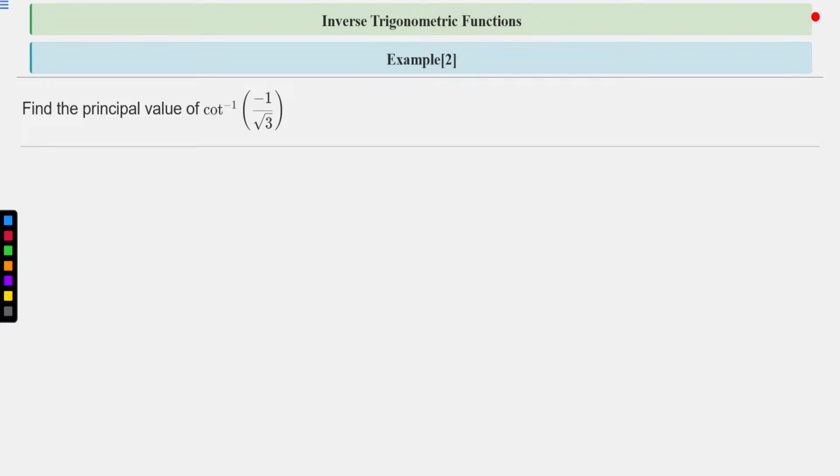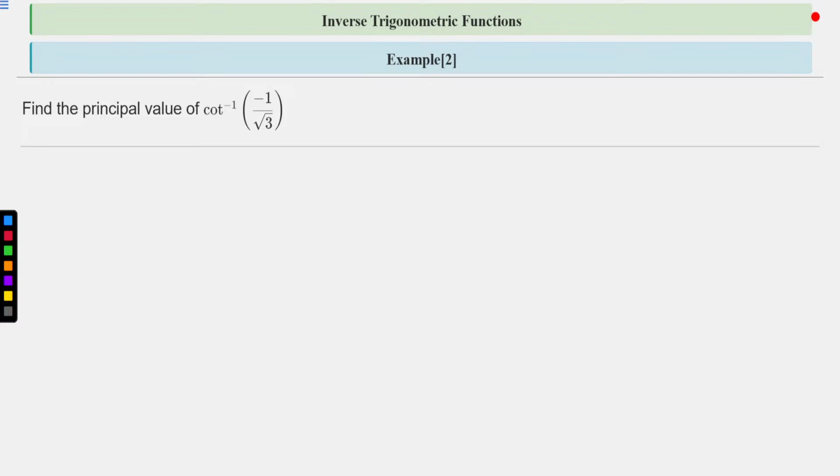Write the answer in the comment box. You need to find the principal value of cot inverse minus 1 by root 3.